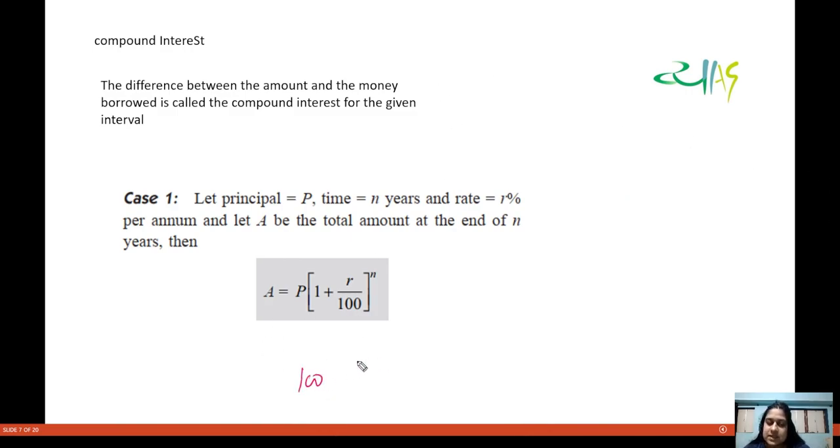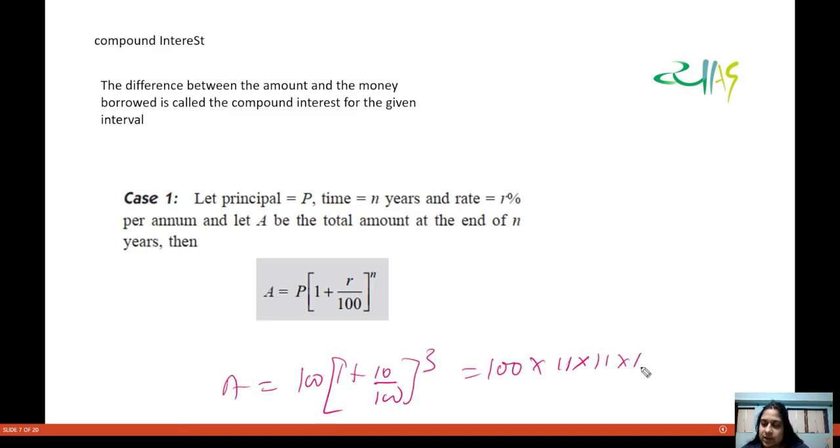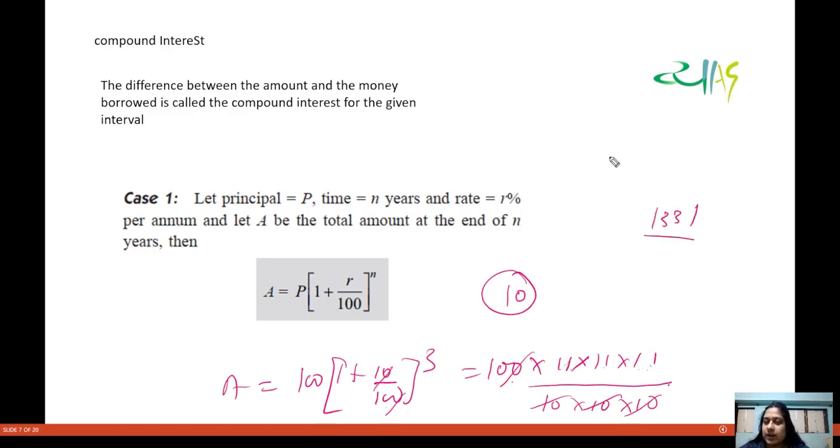If we take a principal of 100 rupees and 10% interest for 3 years and put it in this formula, this will become 100 into 11 into 11 into 11 divided by 10 into 10 into 10, because the 100 and one of these get cancelled. 11 into 11 is 121 and 121 into 11 is 1331.